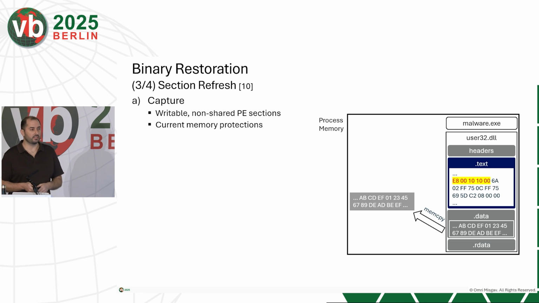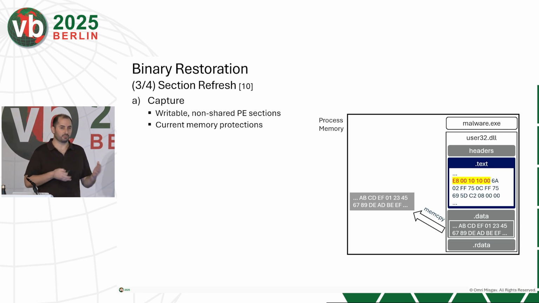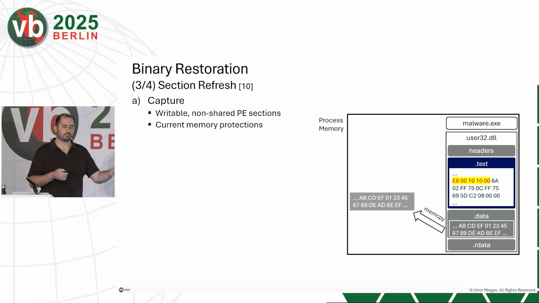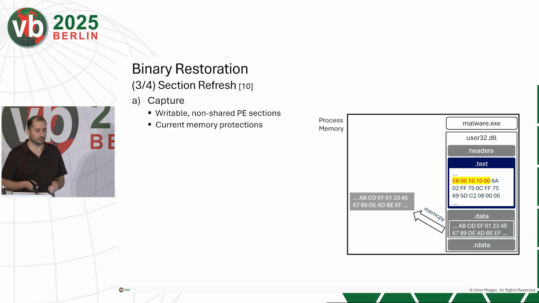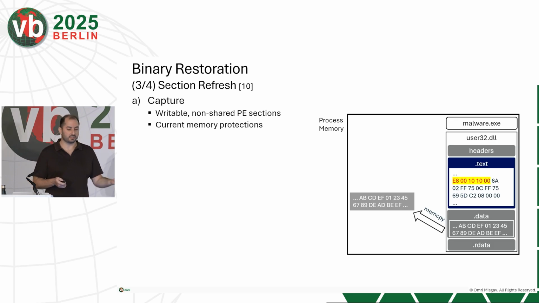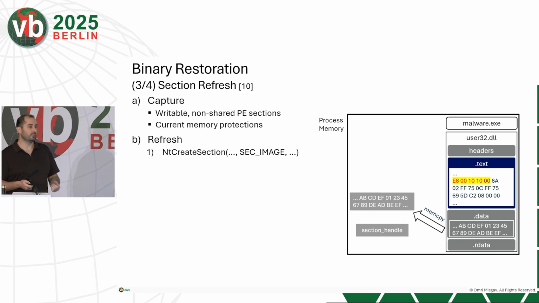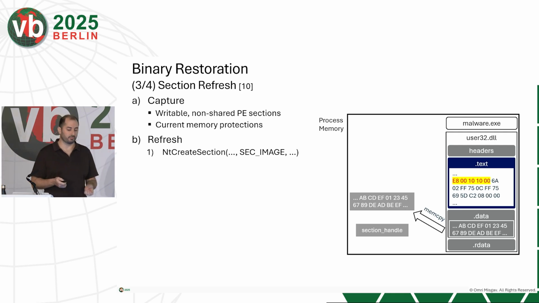The third technique here is called section refresh. Basically, instead of getting the code from disk and rewriting it, or using other processes to get the code and rewriting it, we can just capture the state of the data sections and then remove the mapping of the code in memory with the low-level APIs.